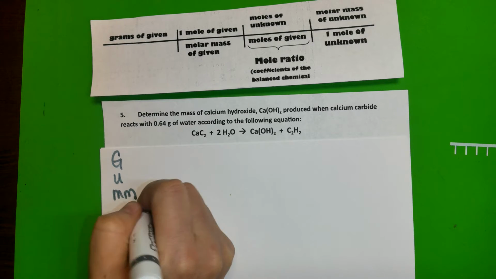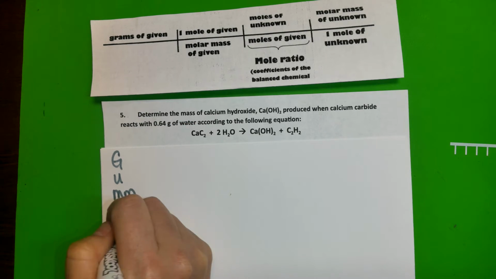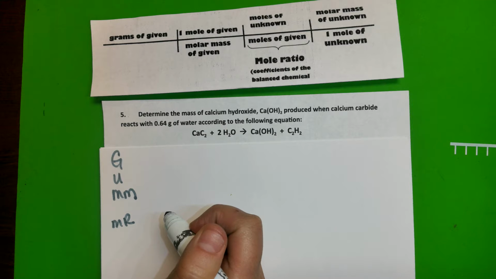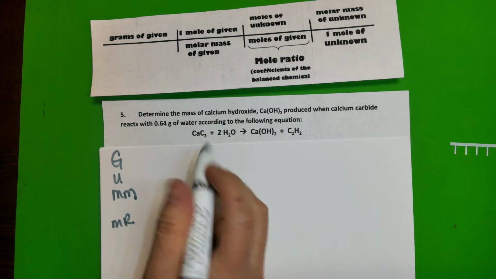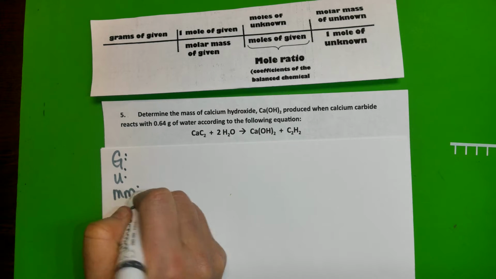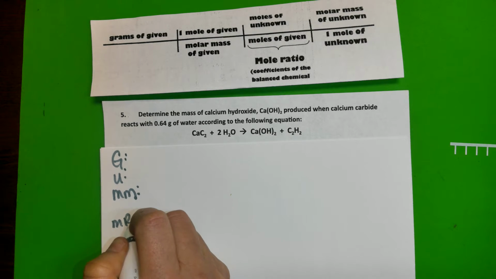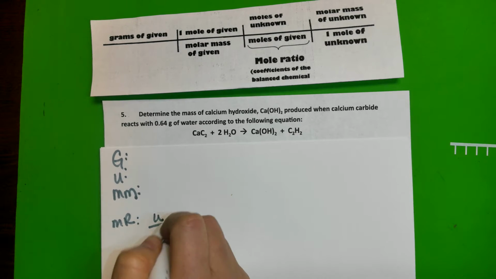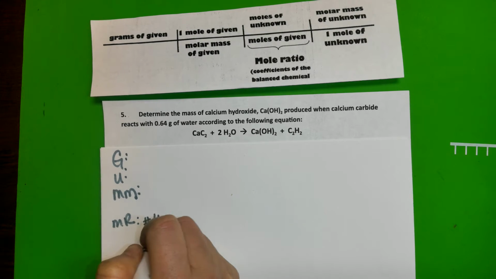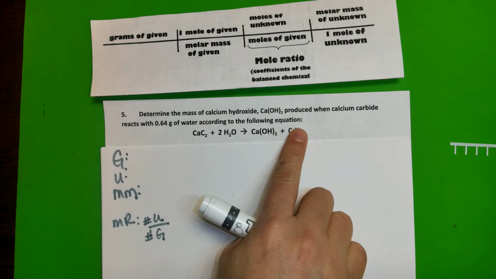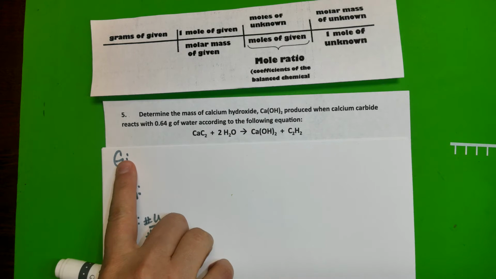There's going to be two molar masses, and then the mole ratio. Keep in mind that your mole ratio is going to be unknown over given, and the number is based on the equation. So now let's start with our given.